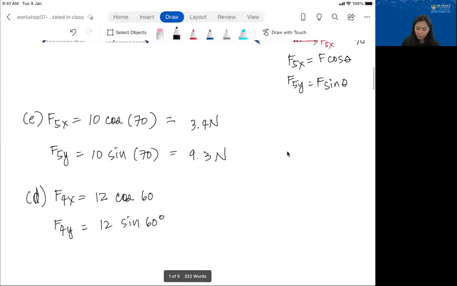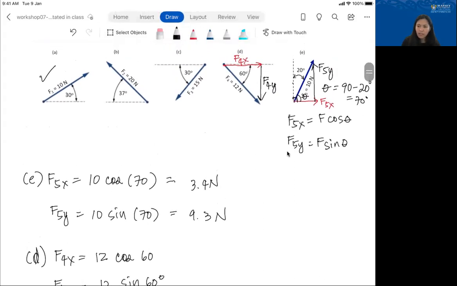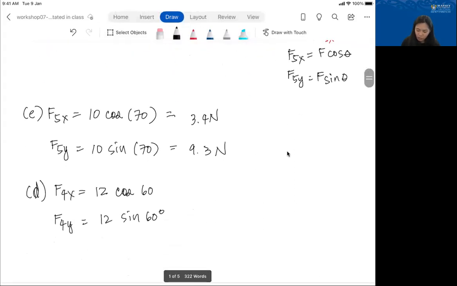It's actually the same for everything. Or maybe I'll just write the answer so you can check if your calculator is set in the right setting. So 12 cosine 60 degrees is 6 newtons. 12 sine 60 degrees is 10 newtons.